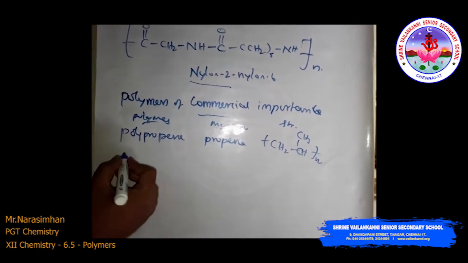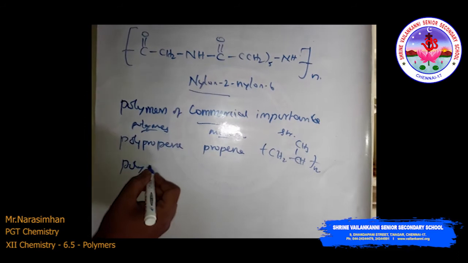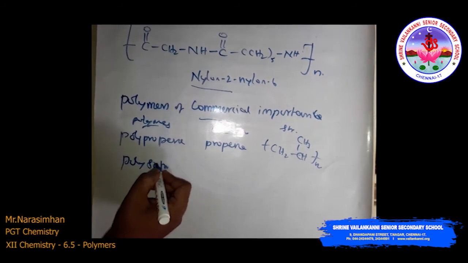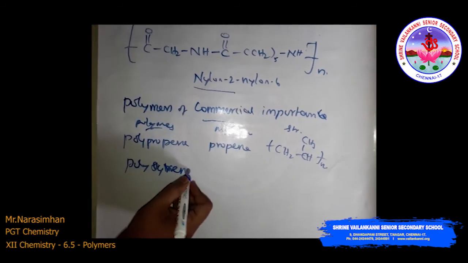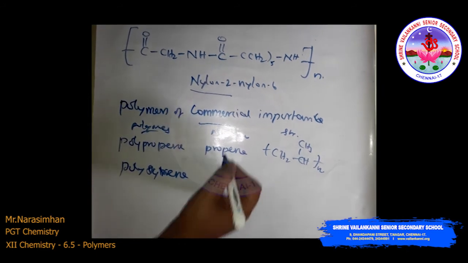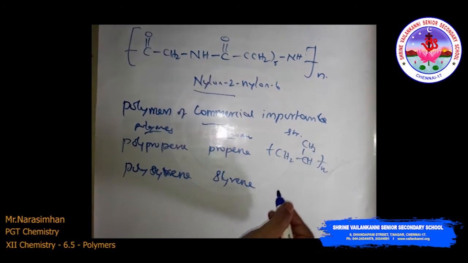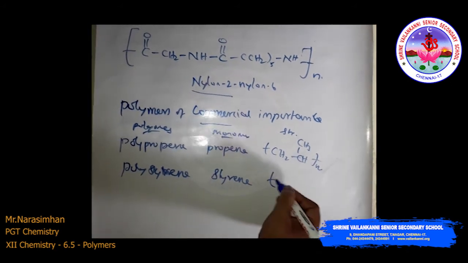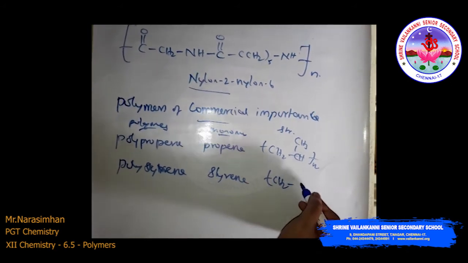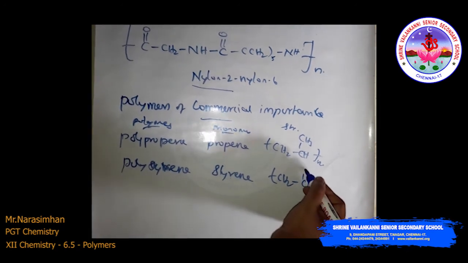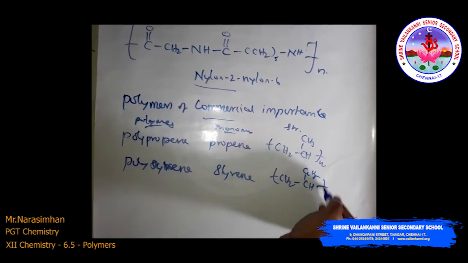Then next is polystyrene. The monomer is styrene. The structure is like this: CH2, CH, C6H5.